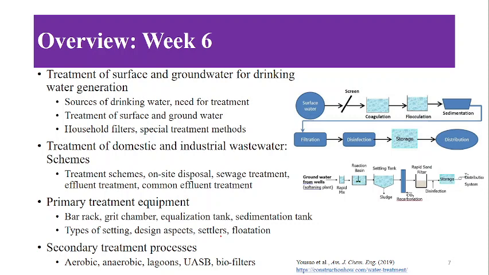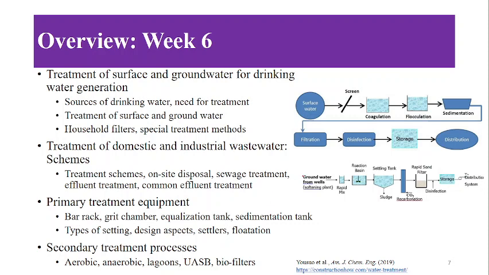So the need for the treatment does arise so that the drinking water is fit for consumption, and based on that, the treatment of surface and groundwater is implemented, and the different household filters that can be used, such as activated carbon or reverse osmosis, were discussed. The special treatment methods included disinfection.